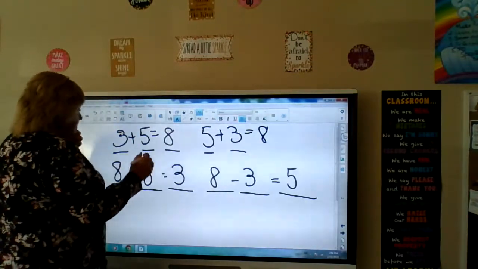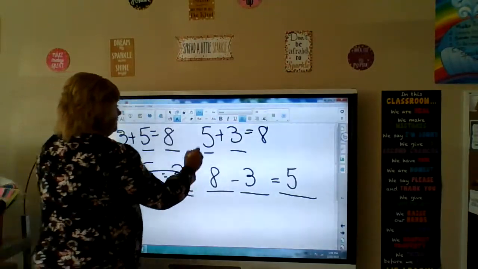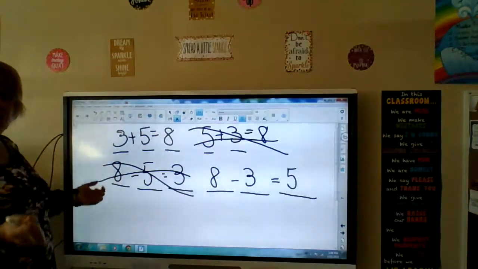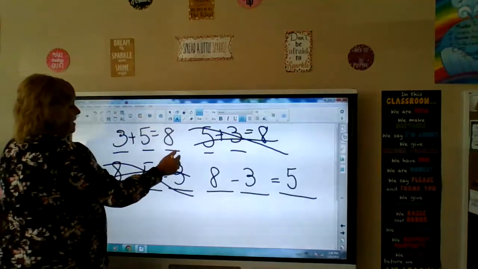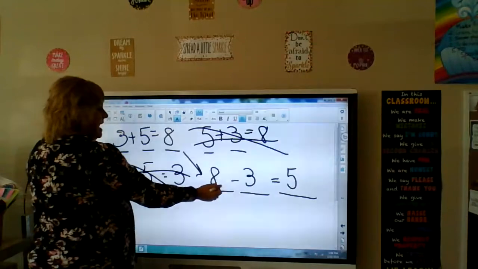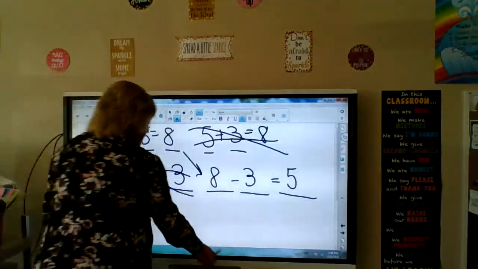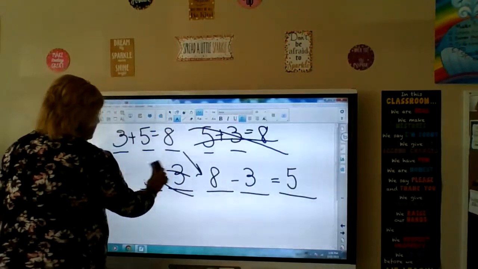Now, today we're only going to talk about partner facts, or related addition and subtraction facts. So if 3 plus 5 is 8, the related subtraction problem would be 8 minus 3 is 5. So that's kind of what we're talking about today.